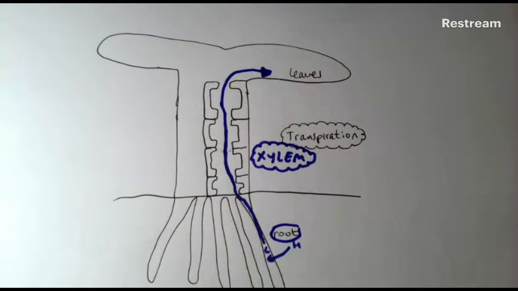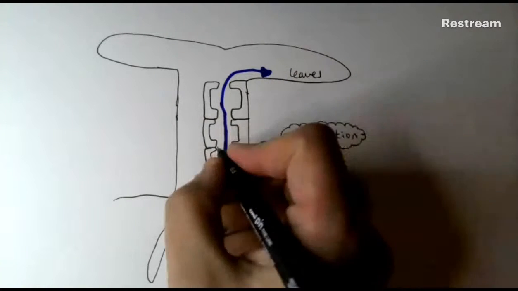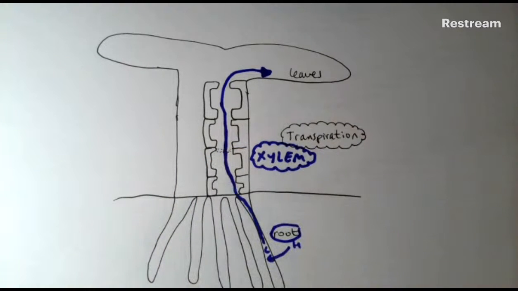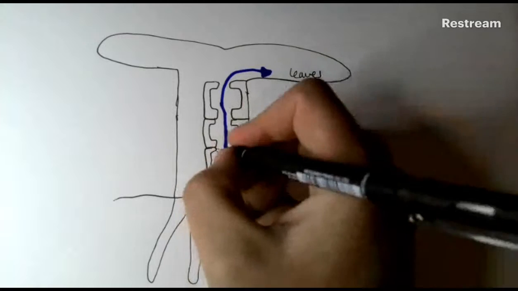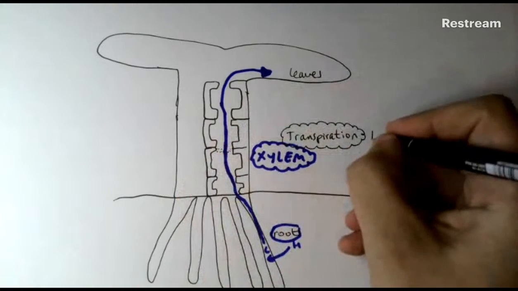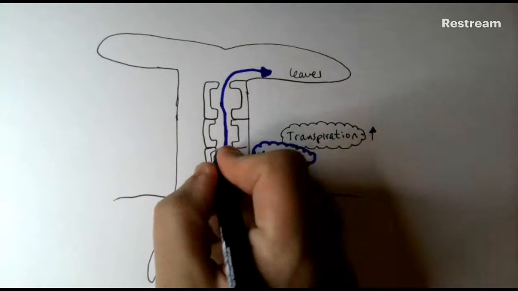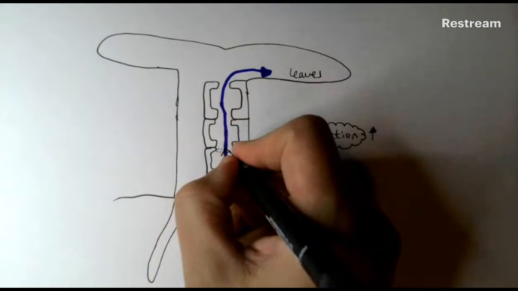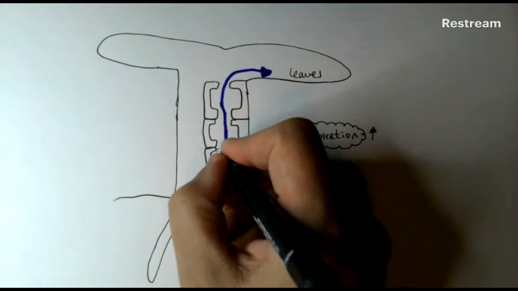So what are the adaptations one more time? They've got no end cell walls. This is to increase the rate of transpiration, because if there were end cell walls there, the water would stop at this point here.